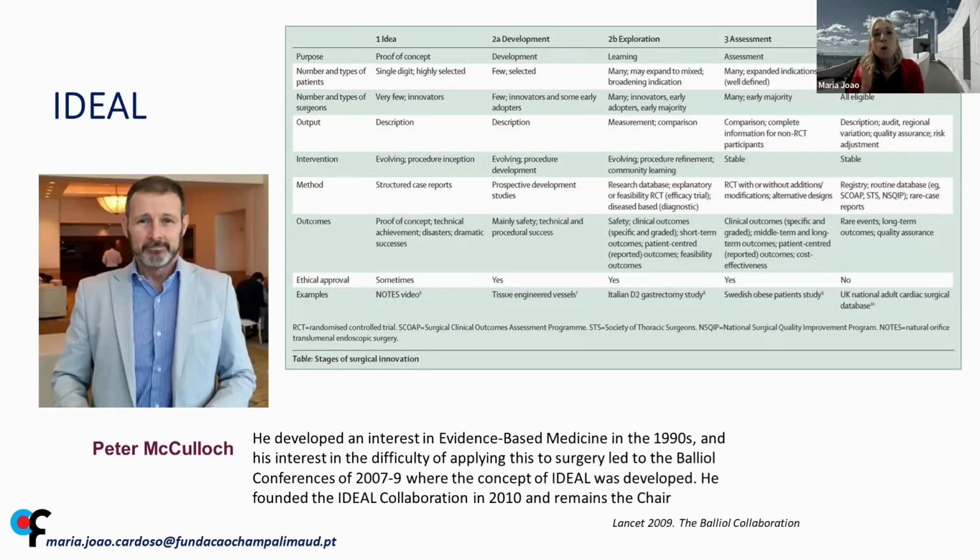So this is what usually happens when you are going to explore a new surgical technique, comparator, or whatever, and you are going to apply this IDEAL framework, the IDEAL collaboration, to your trial.